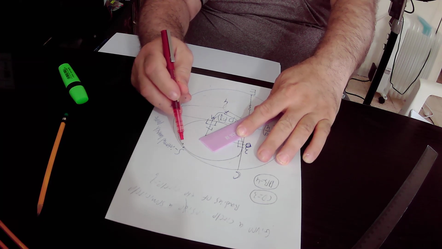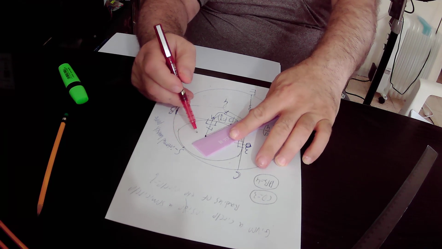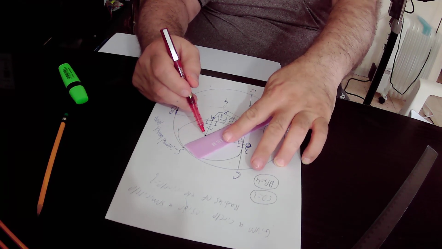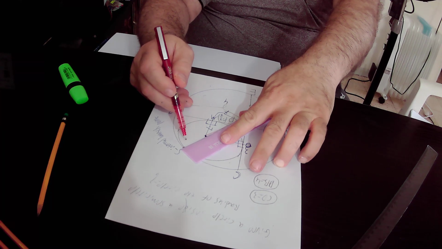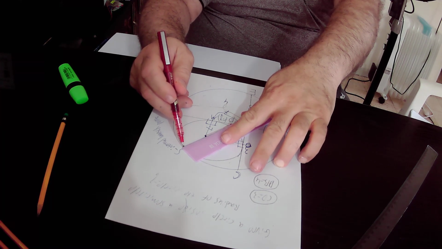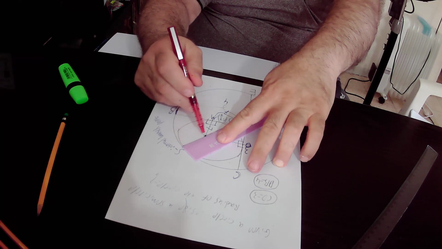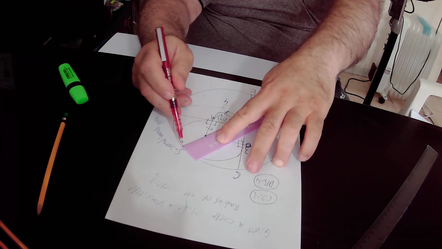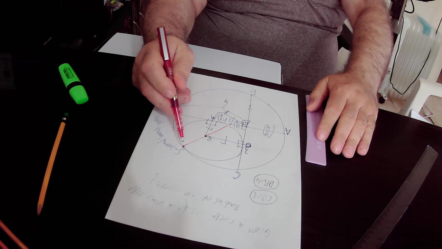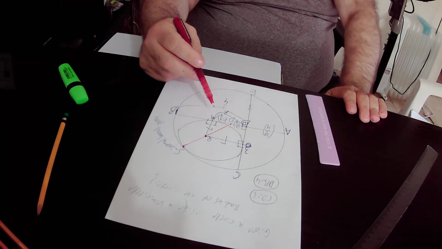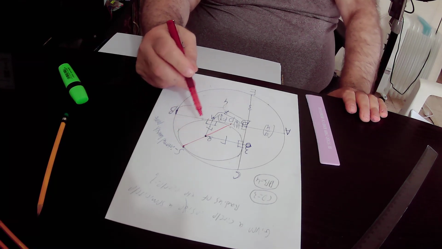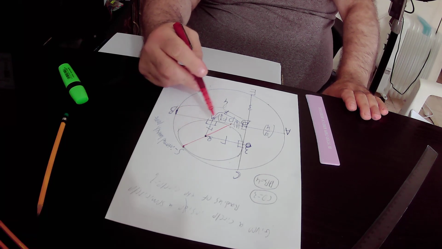That is to say, it passes through point S. So according to this rule, the 3 points P, Q, and S are located on the same straight line.